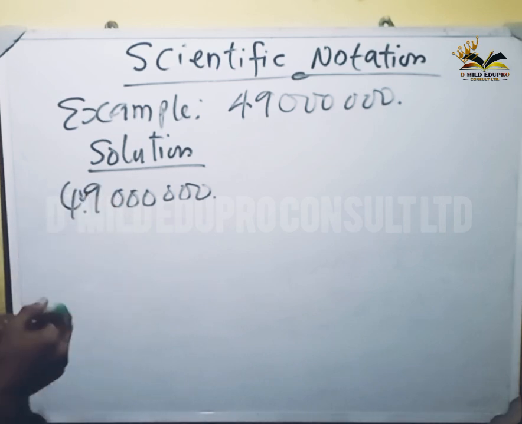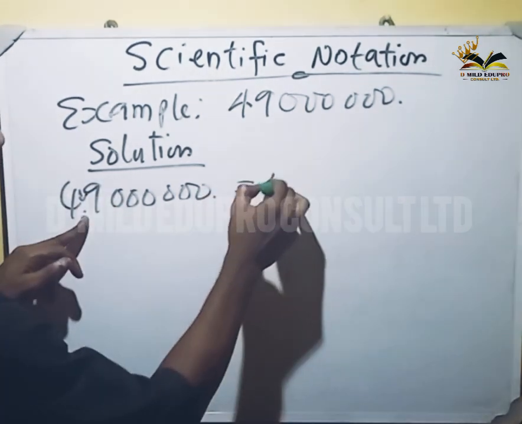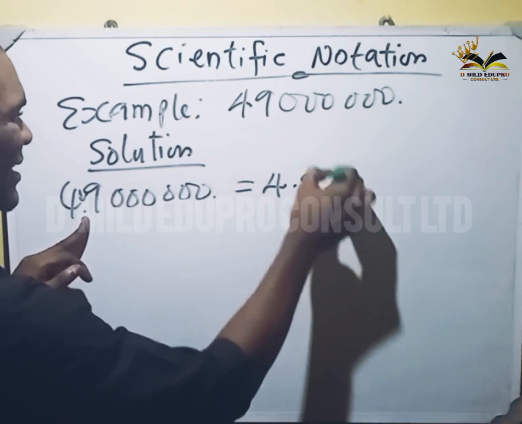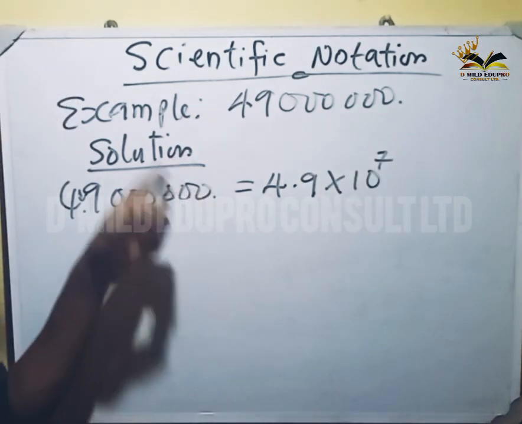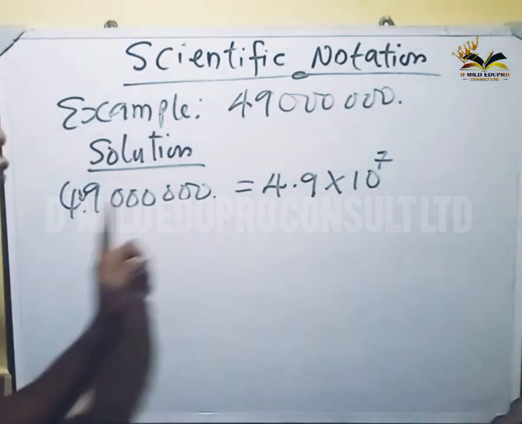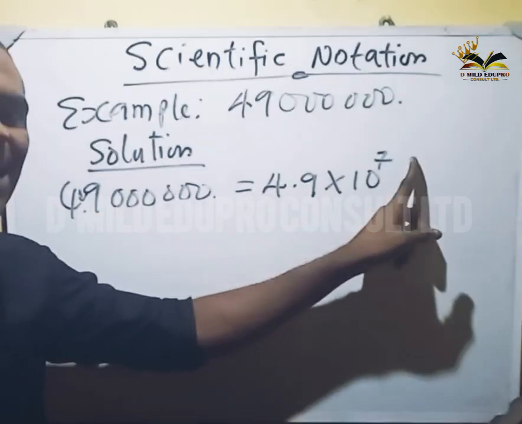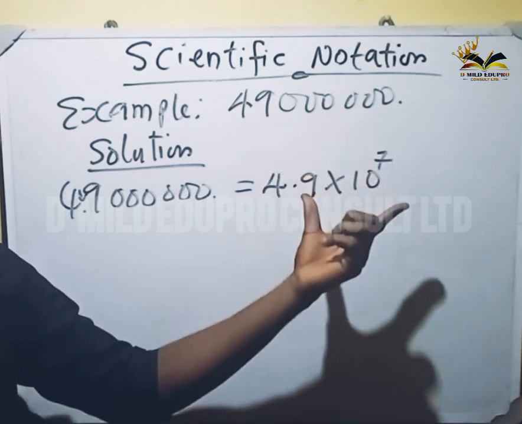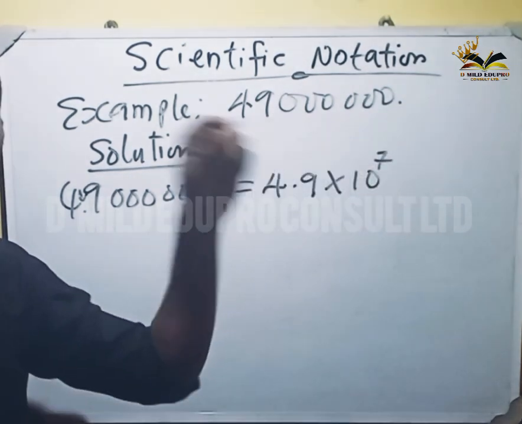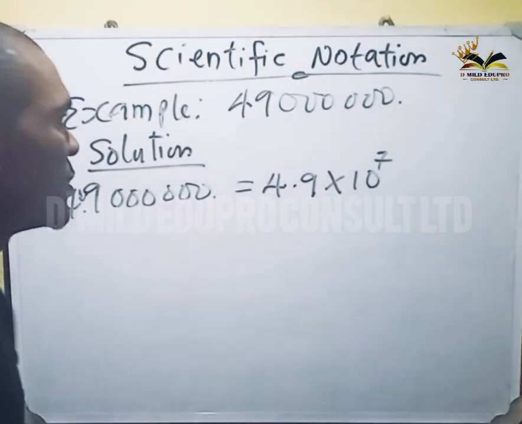So what do we have? We now have 4.9 times 10 raised to the power of 7. The number of times you move the decimal point will be that n. It's an integer, okay? If you are converting a whole number to scientific notation, the integer here will be a positive number. Is that okay?